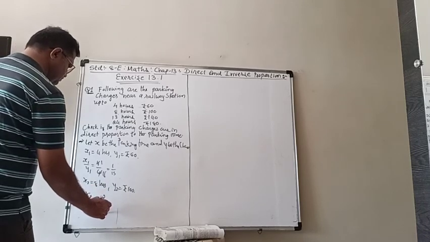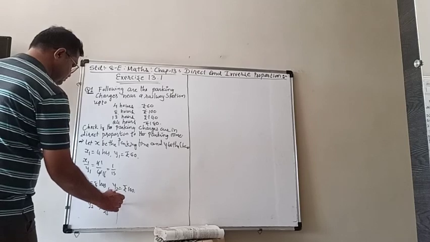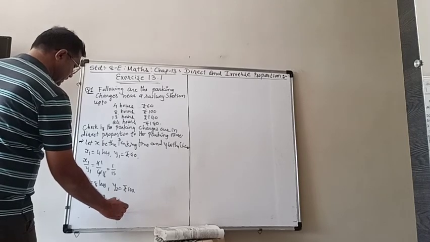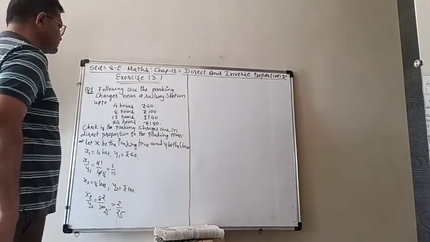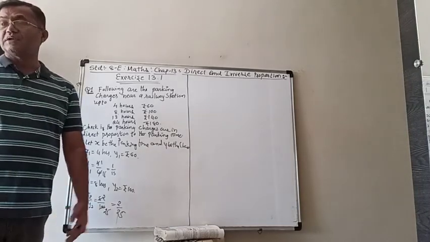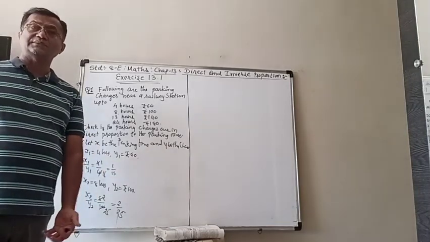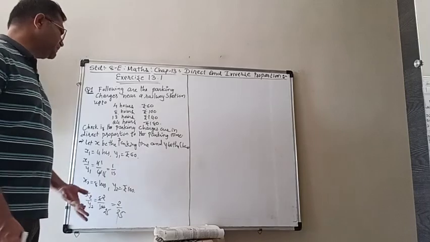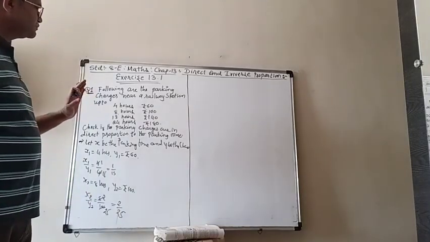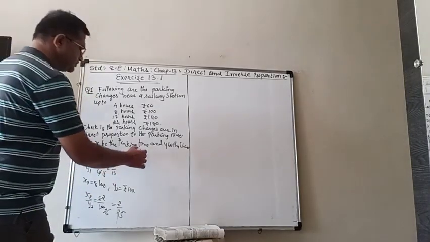Now we don't need to find out other ratios. Why? The first two ratios are not equal. So we can directly write down now that they are not in direct proportion.